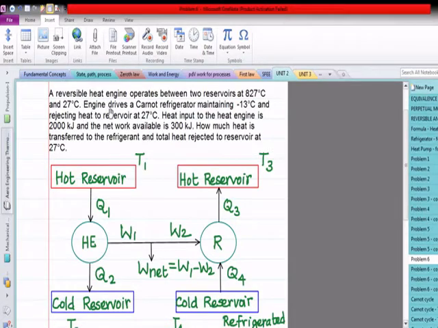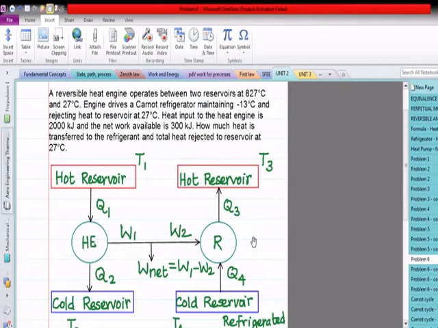Next sentence: engine drives a Carnot refrigerator maintaining minus 13 degrees and rejecting heat to a reservoir at 27 degrees Celsius. In the second sentence, a refrigerator is given. Details regarding the refrigerator are given.